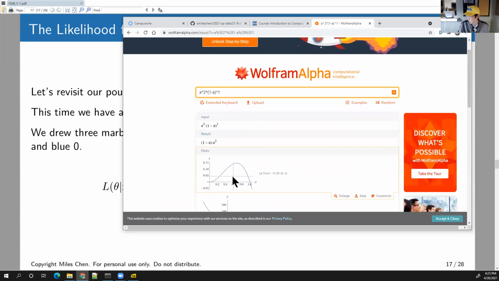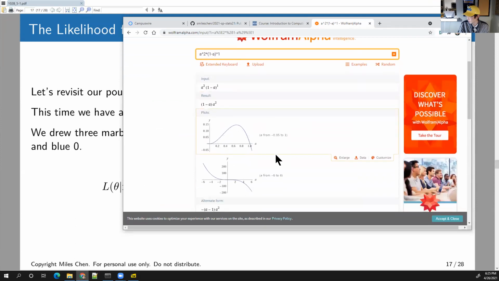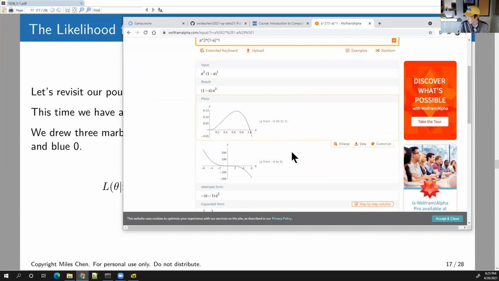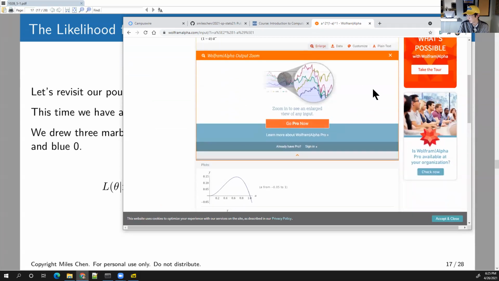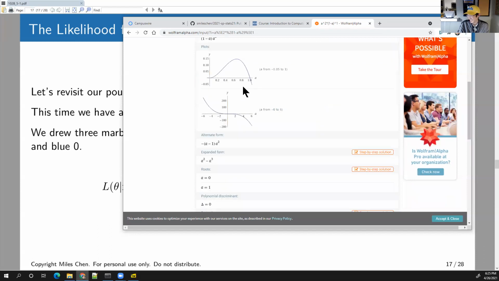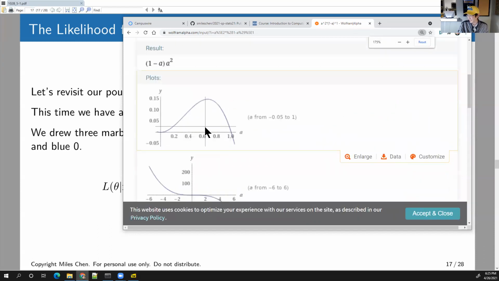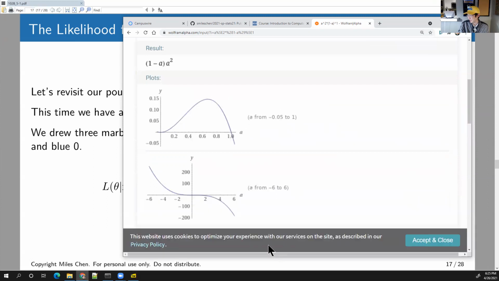Okay, so this is what the plot looks like. Can I zoom in on this? Enlarge, please. Oh, I have to pay for that. All right. Look at that. I can just zoom in the browser.